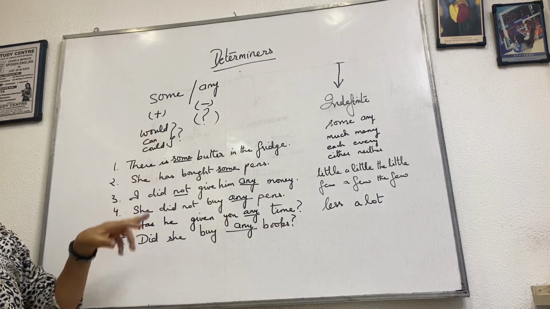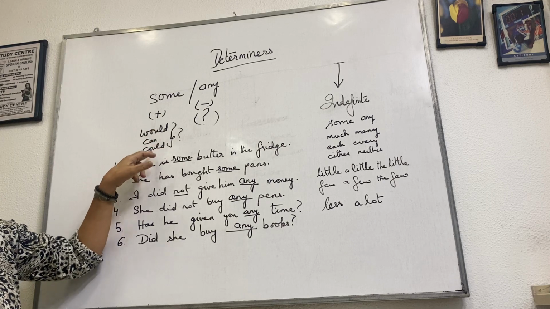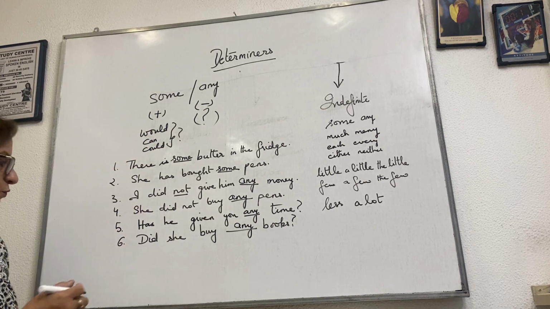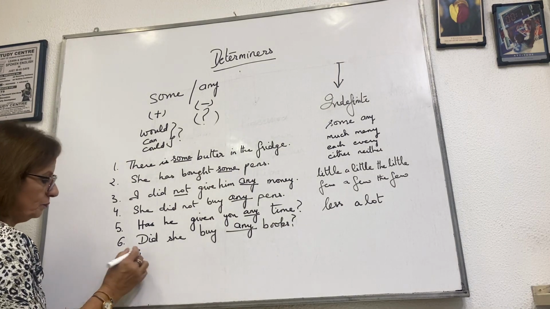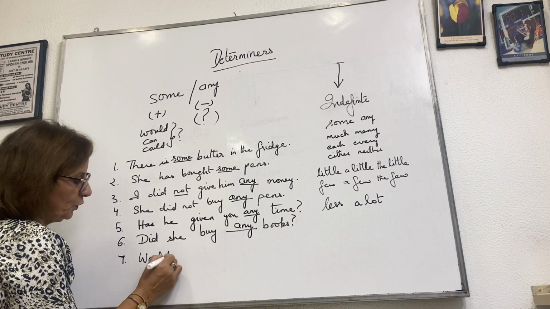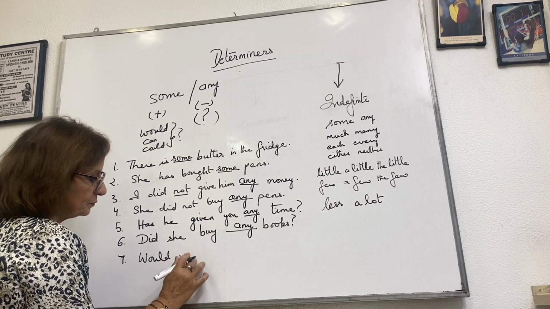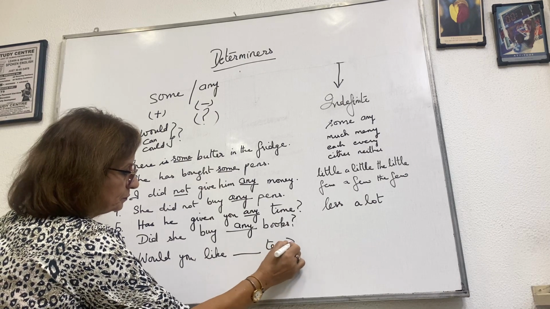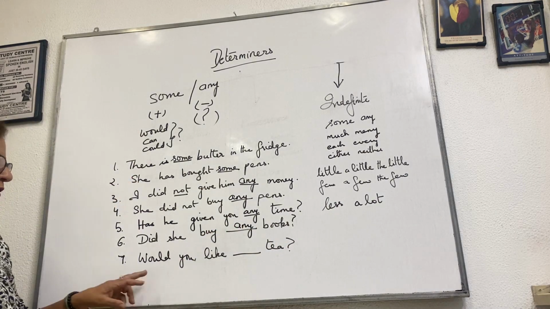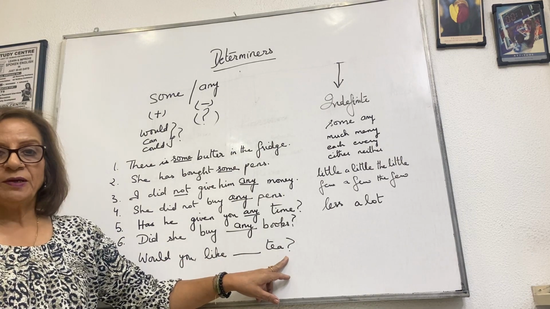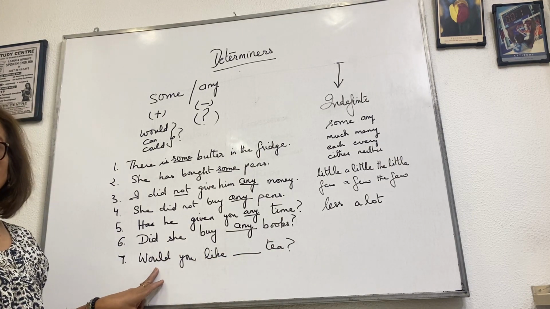If the question is asked with the words would, can, could, modals, then we use some also. For example, would you like tea? Now it is a question, it's an interrogative, but the question has been asked with would.